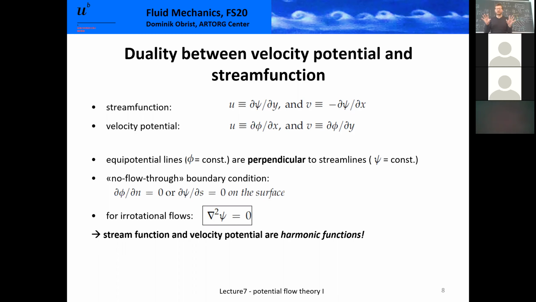And actually next week, we're going to show that these can be treated in one function. You can use a complex function formulation where one is the complex part and one is the real part of the function. But that's for next week. For now, we just accept that both have a lot of similarities and both can be computed from the same type of equations. Okay, so I think it's a good point to take a little break here.